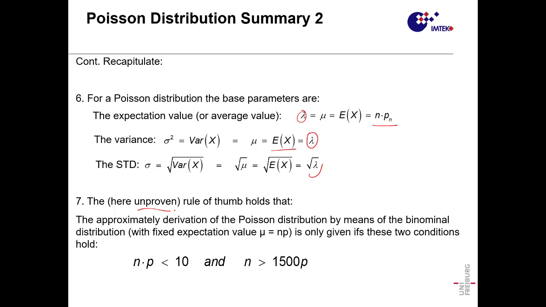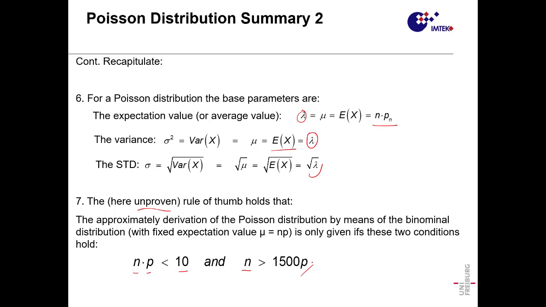It makes sense because it means that the probability has to be very low and n has to be pretty large to have a value less than 10. And again, n has to be quite large with respect to the probability. This number 1,500 is the rule, but in itself it makes sense.